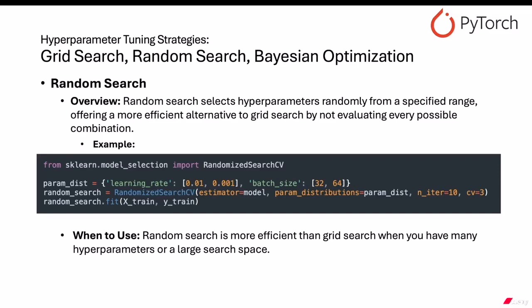From sklearn.model_selection, import RandomizedSearchCV. Param dist equal to learning rate of 0.01 to 0.001, batch size 32, 64, random_search equal to RandomizedSearchCV, estimator equal to model, param distribution is the param dist that we created above, and n_iter equal to 10 and CV equal to 3. random_search.fit and pass X_train and y_train to it. When to use? Random search is more efficient than grid search when you have many hyperparameters on a large search space.